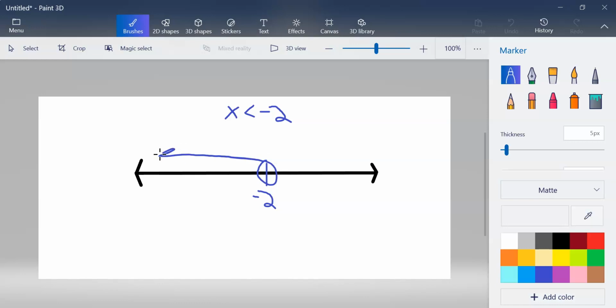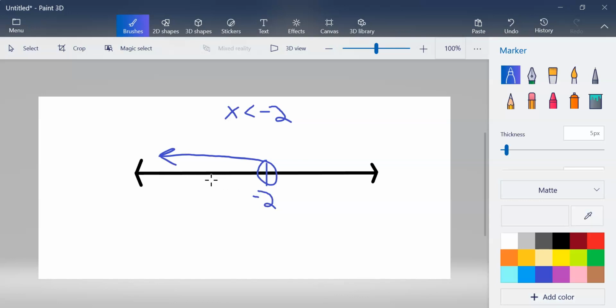Some people put this arrow on the number line itself, but because I'm drawing in Microsoft Paint, it's a hard thing to do. So I'm going to put the arrow above. And what this is indicating is that anywhere from negative 2 and down, any number on the number line in here will be a solution to that inequality. So that's the number line solution.